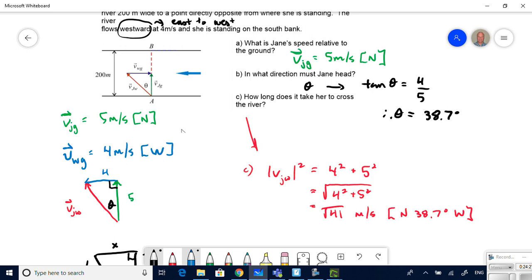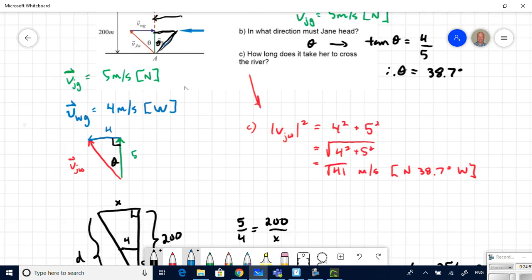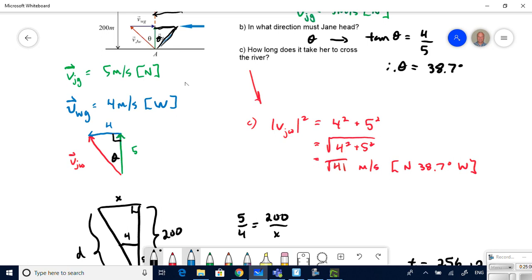If the current was flowing from the west to the east, it would push her back so that she would hit B as she moved across. If it was interpreted the other way, Jane would have to swim this way, a similar triangle, and that same angle would be the case here. She'd swim that way, get pushed back, and end up at B. So either way, that angle is found just like that. It's all about reference points and how you interpret the question.